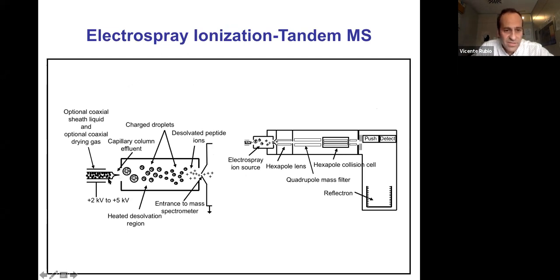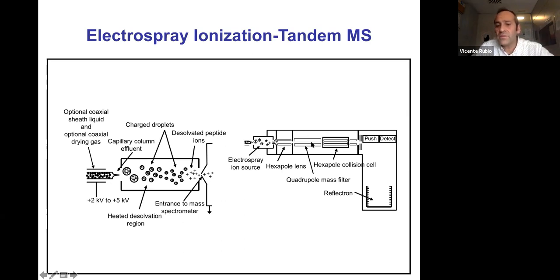So here you see this capillary with our protein mixture in a specific liquid matrix. What we do is to vaporize it in small droplets that can be ionized, and they will go through an electric field again.